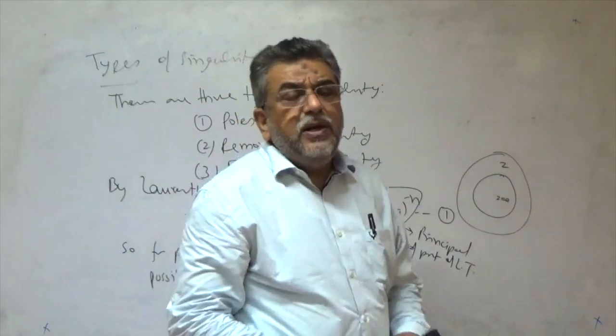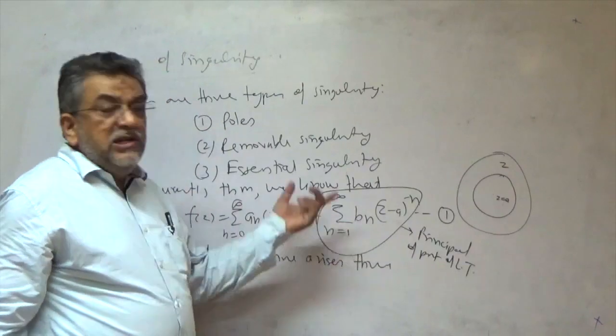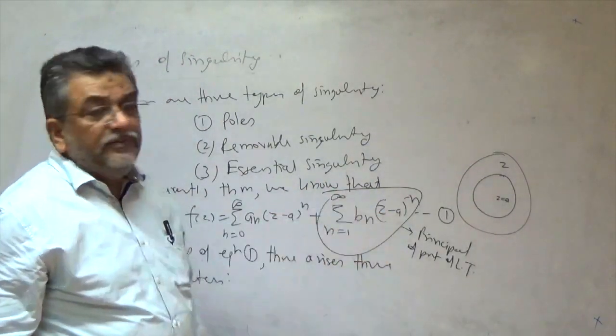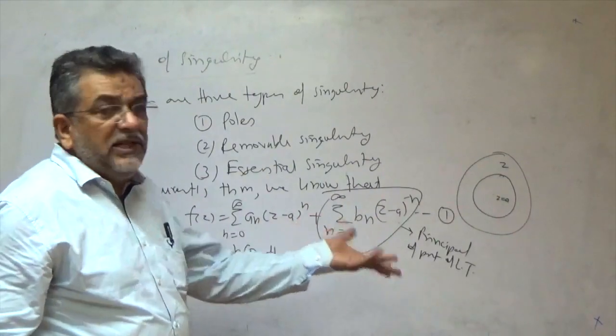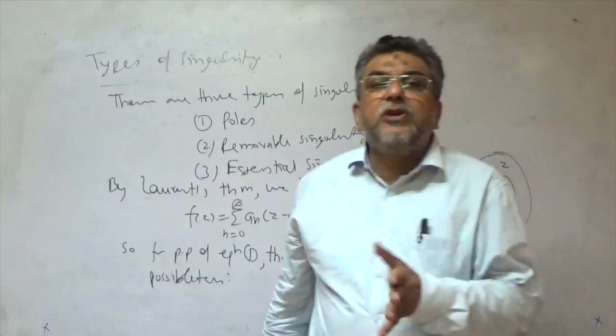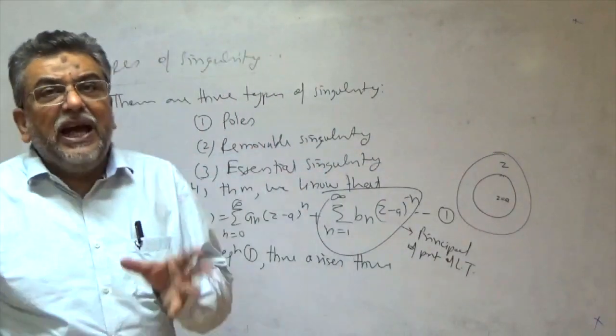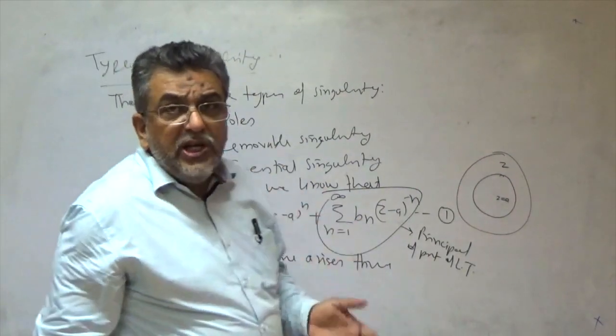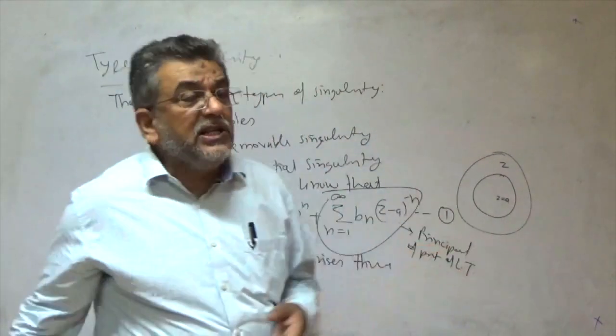One, maybe the principal part has a finite number of terms. Second, the principal part has no term. Third, the principal part has infinitely many terms. On the basis of these three possibilities, we can define poles, removable singularity, and essential singularity.